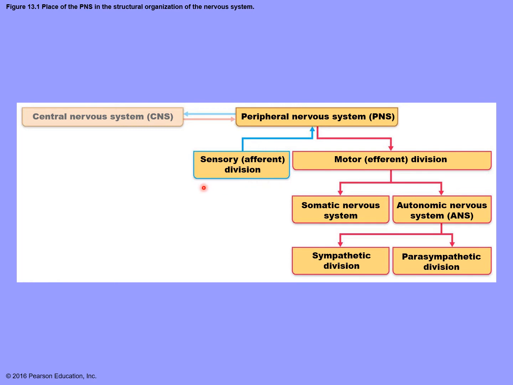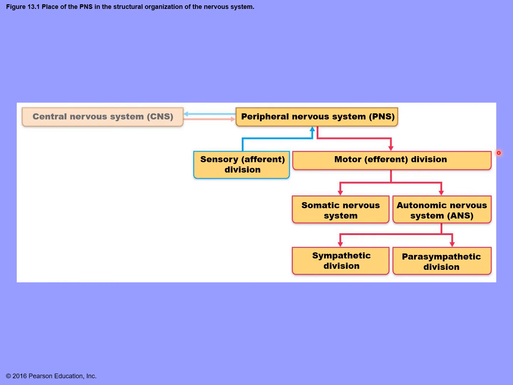The sensory is providing that information from all the receptors about what's going on in the external environment, and it is sending that basically towards the central nervous system. So information is coming in. The motor is going to be the response. So it's coming from the central nervous system, and that information is moving away towards the extremities. Typically, it's giving the information of this is what you have to do.